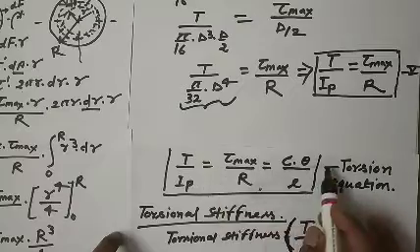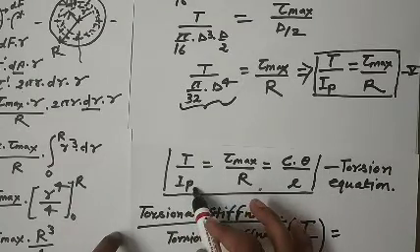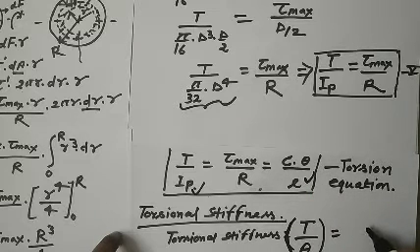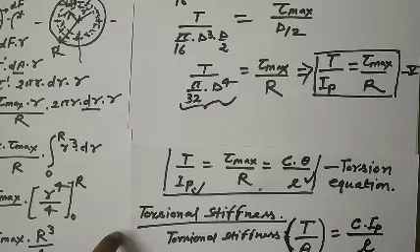This is T by theta. If we take this one and this one, then T by theta will be equal to C IP upon L. This turning moment or torque per unit angle of twist is known as torsional stiffness. There is another parameter, torsional rigidity.